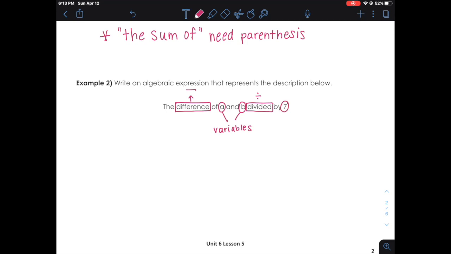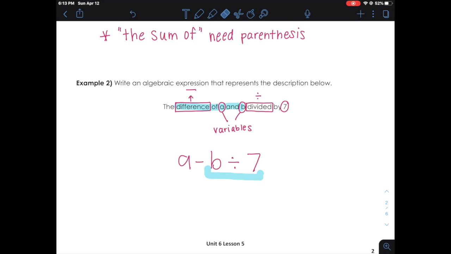If I were to write this out, A minus B divided by 7, which is going to happen first according to PEMDAS? This part right here, the division, is going to happen first. But we don't want that. We need to find the difference of A and B first. Then we divide that by 7.